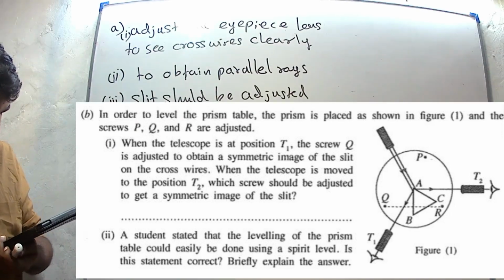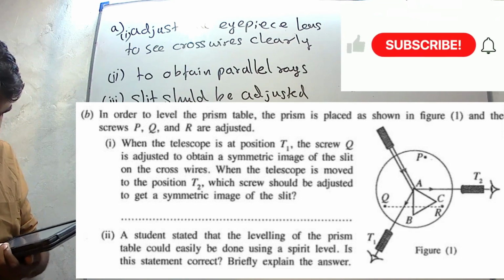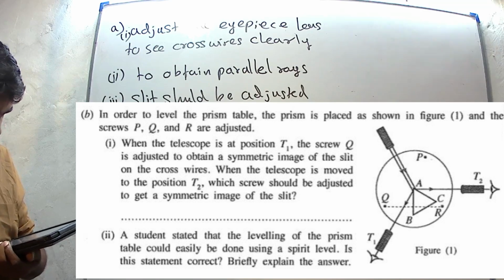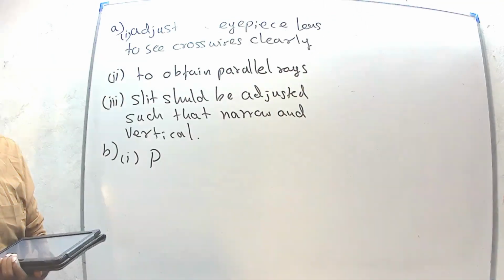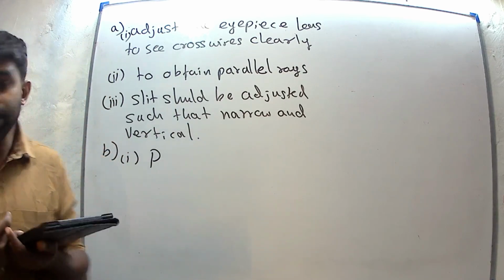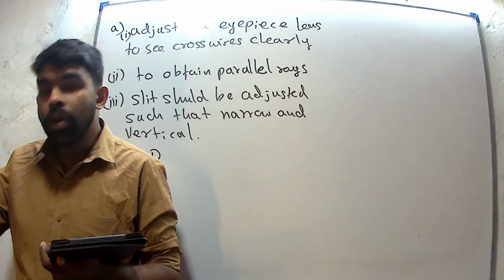In part 2, a student stated that leveling of the prism table could easily be done using a spirit level. Is this statement correct? Briefly explain the answer. No, it is incorrect. We have to level the prism table relative to the collimator.